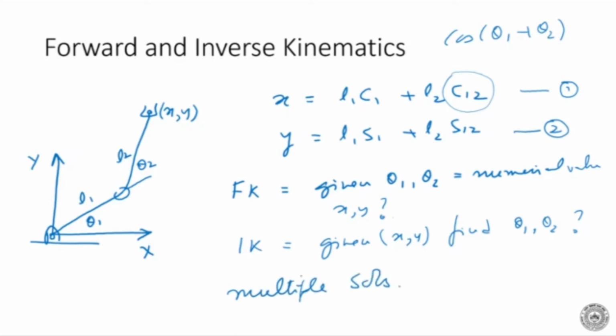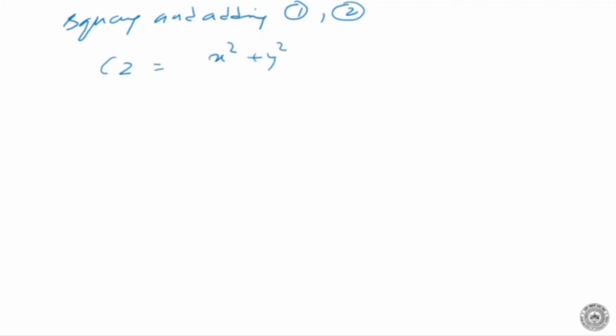So in the last class, we looked at the inverse kinematic solution of this two-link arm, and we found theta 1 and theta 2. By squaring and adding equations 1 and 2, we basically got cos theta 2 equal to x squared plus y squared minus L1 squared minus L2 squared, divided by twice L1 L2.